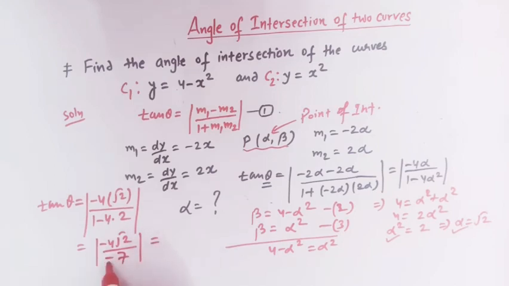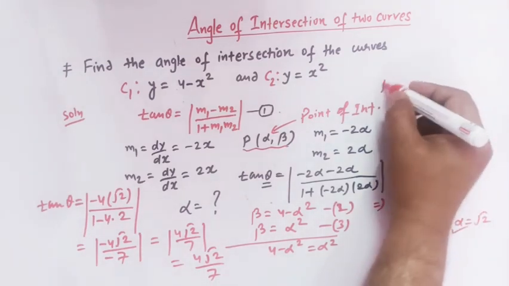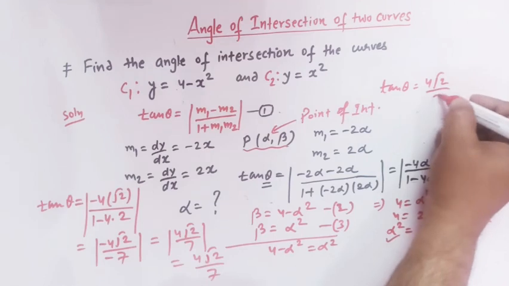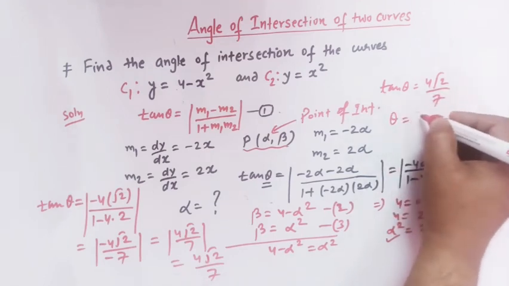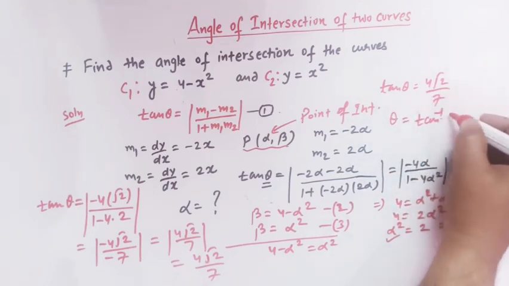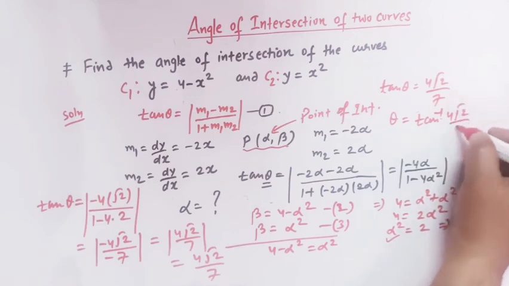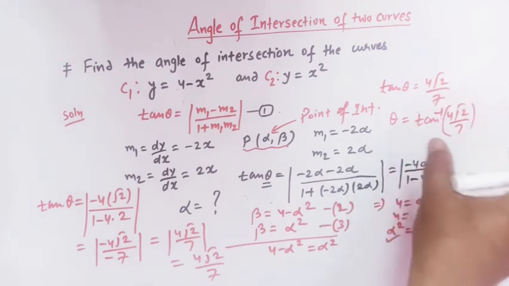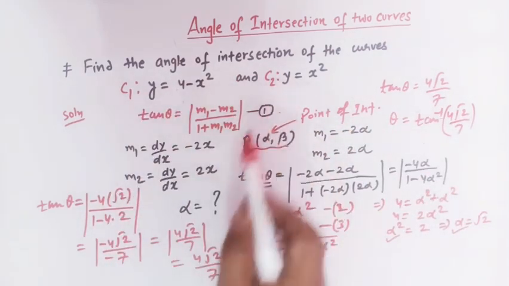So minus and minus get cancelled, so we are left with 4 root 2 by 7. Therefore the value of tan theta is 4 root 2 by 7, and theta is equal to tan inverse 4 root 2 by 7. So this is the required angle of intersection of these two curves.